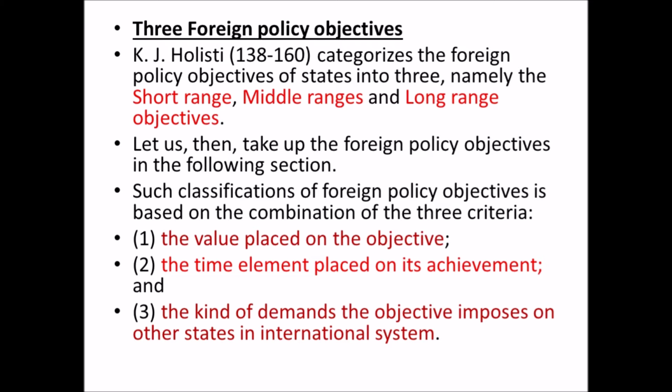Such classification of foreign policy objectives is based on the combination of three criteria. So Holsti divides the foreign policy objectives of a given state into three types, and his criteria of division was based on: one, the value placed on the objective, that is, the place given to it.